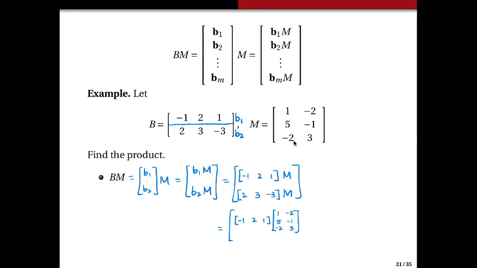And then down here, we have 2, 3, negative 3 multiplied to 1, negative 2, 5, negative 1, negative 2, 3.